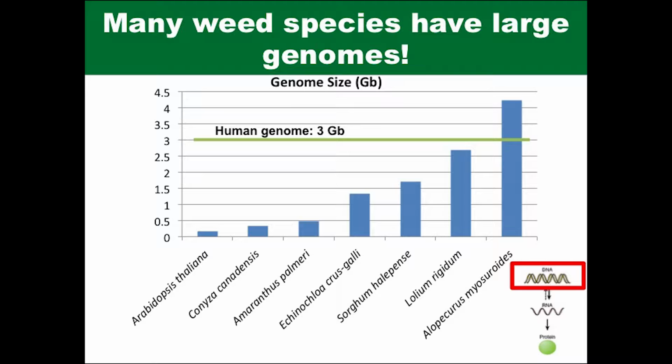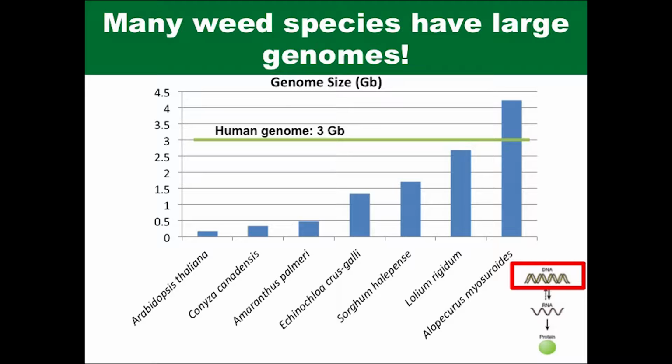Palmer amaranth is probably at least 4 times the size of Arabidopsis, but still relatively small as far as plants go, because you can see some of the bigger plant genomes are even bigger than human. Here you have blackgrass, Alopecurus, at over 4 billion base pairs in its genome. Let's not even talk about wild oats. I think that's around 16 gigabase or something. So that just becomes even more of a challenge to work with.